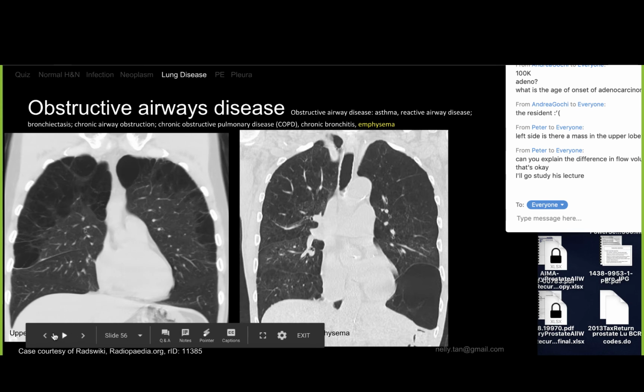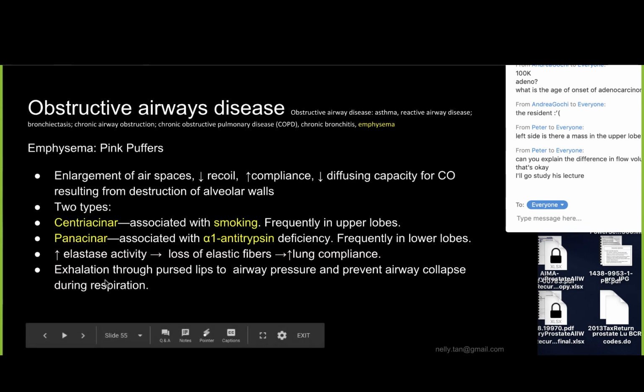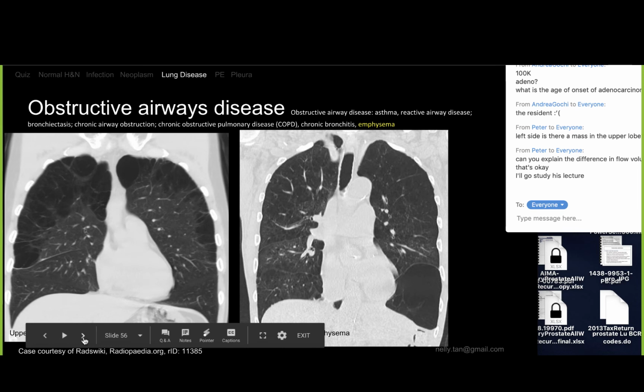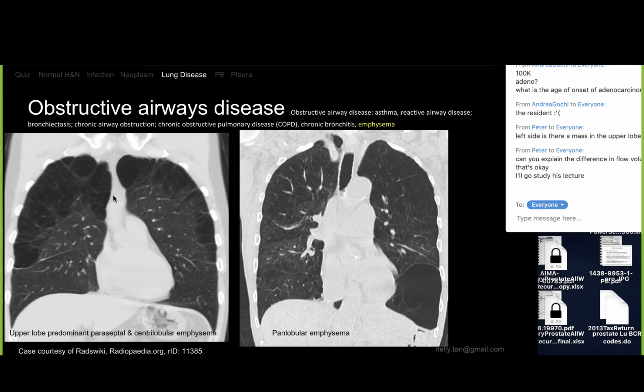Patients purse their lips to overcome the problem with elastic recoil, keeping the airways open and preventing airway collapse during expiration.